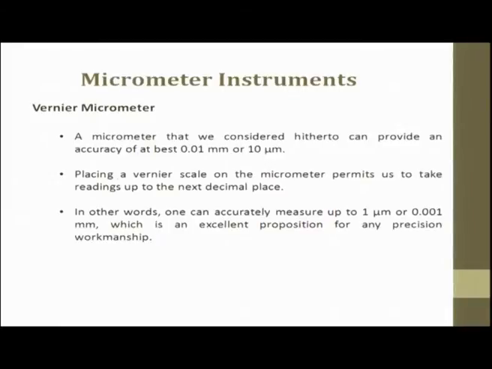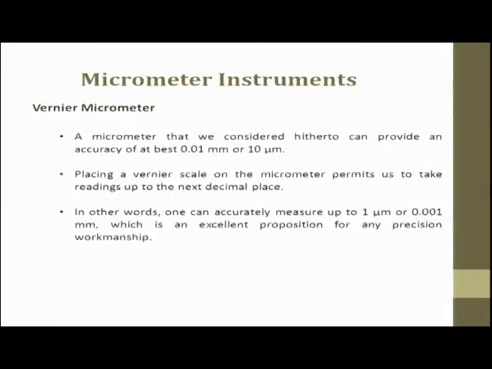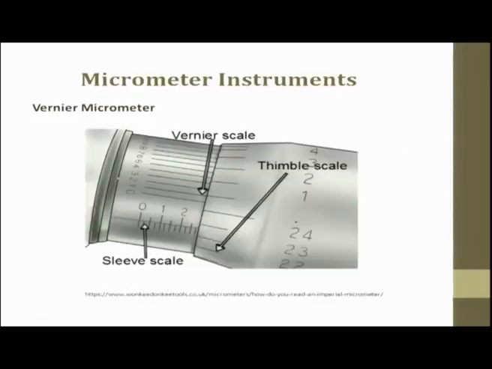So, this is the outside micrometer. Next is the vernier micrometer. You see here the vernier scale and you see the dimple. The dimple is a nut which is attached, and here is a sleeve scale, the main scale.